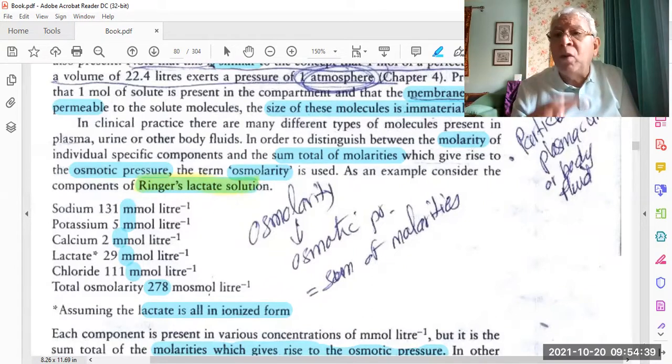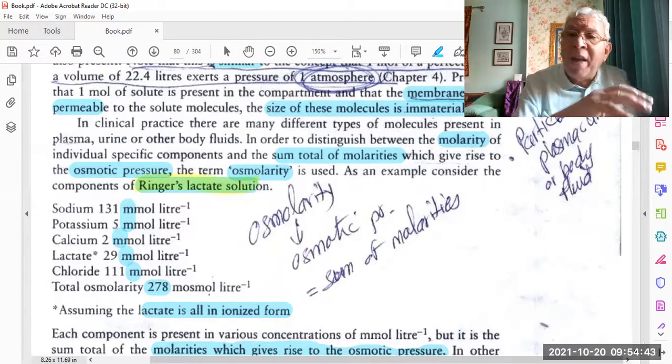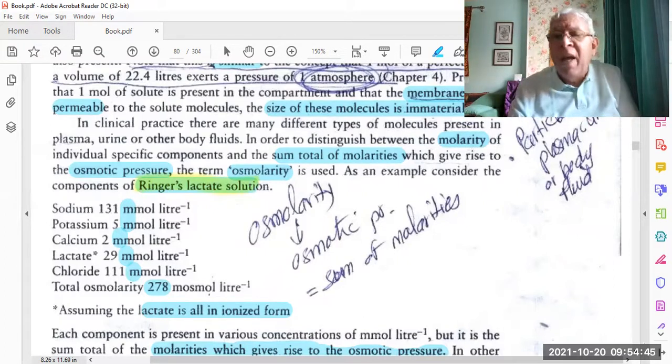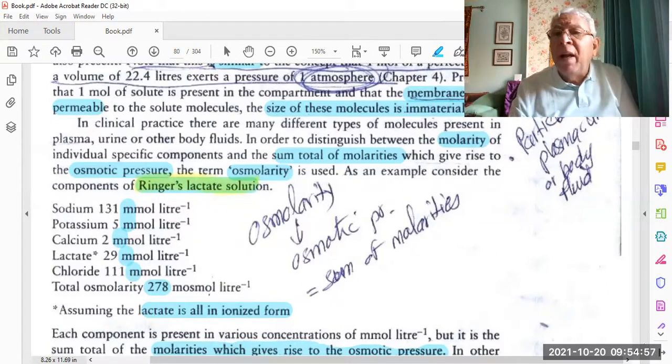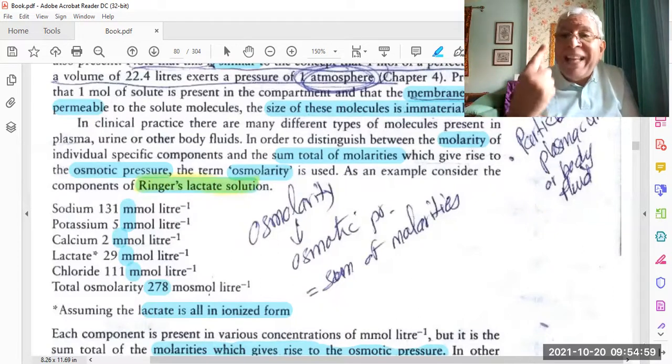These components, of course, induce an osmotic pressure according to the molarities or the molalities present. Molality means that the osmoles are dissolved in 1 kilo of water or solvent. On the other hand, molarity means the dissolving of these molecules in 1 liter, in 1 volume. So what is the difference?